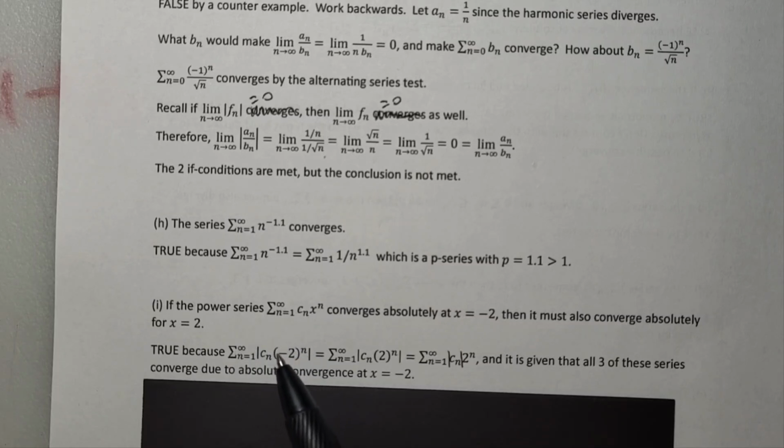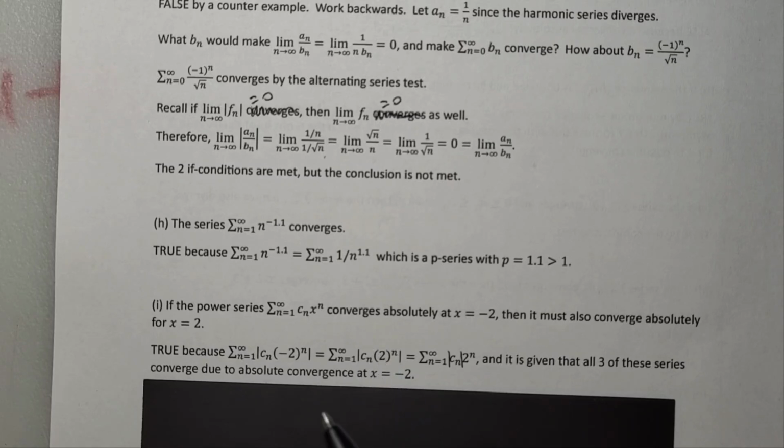Okay? If we do some algebra, that changing sign would go away. So we have this over here, which is equal to this. Okay? And at x is 2, it's already positive. So it's exactly the middle over here already.